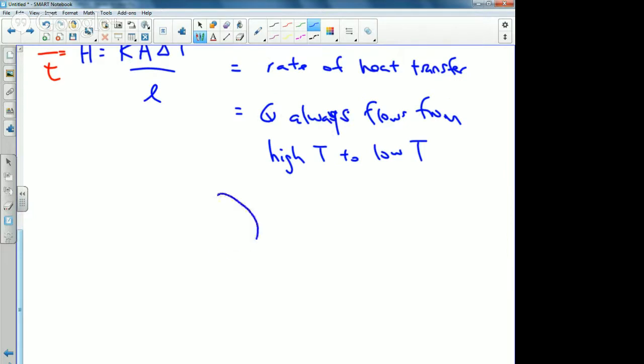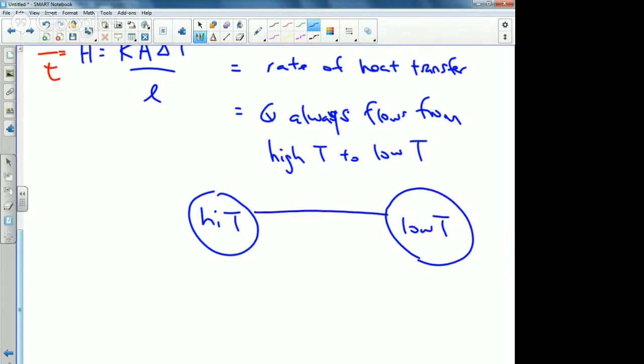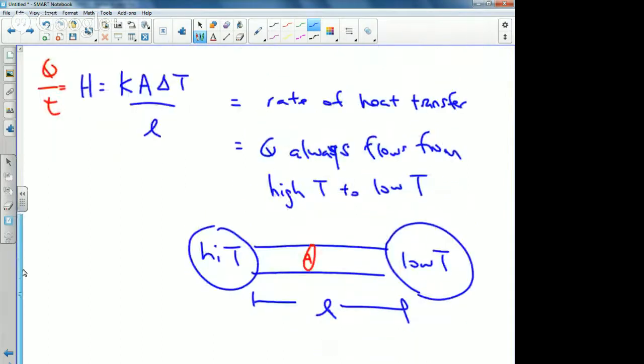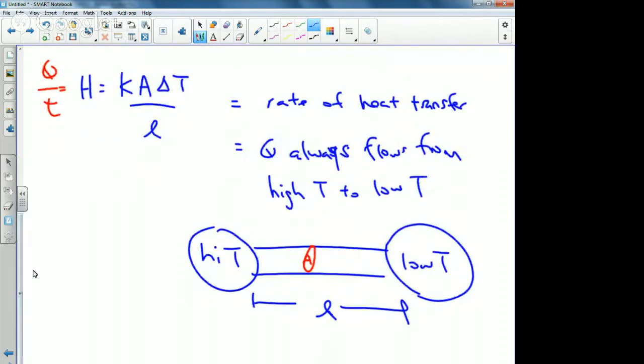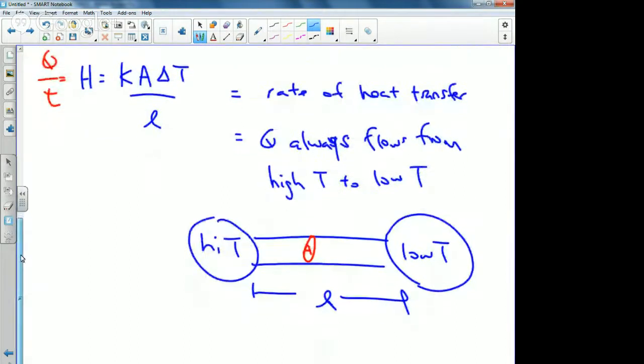So you don't have to draw this, but if you want to, you can. You have a high temperature and a low temperature. If you connect it, basically the cross-sectional area is the area. This is the length between the two places. And k is the thermal conductivity constant, which you don't really need to know because it's based on whatever the material is.